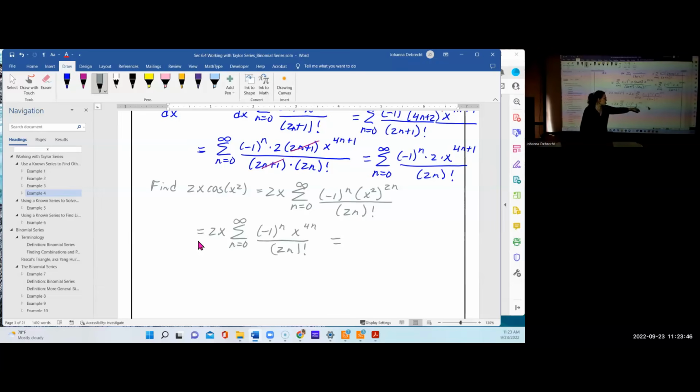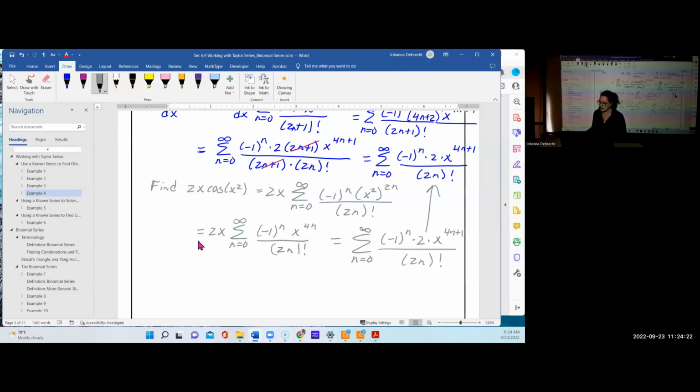I have x times x to the 4n, which is going to give me x to the 4n plus 1. So I have the series from 0 to infinity, -1 to the n. Here's my 2. Here's my x to the 4n plus 1, all divided by 2n quantity factorial, which is exactly what I found previously when I took the derivative in the Maclaurin series format of sine of x squared. So we proved the chain rule using power series.